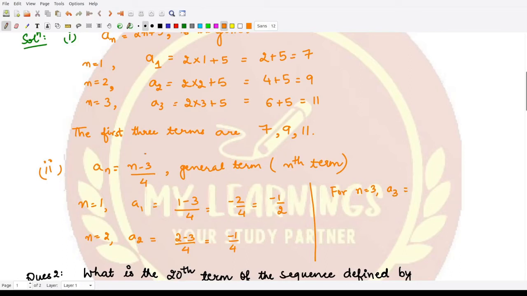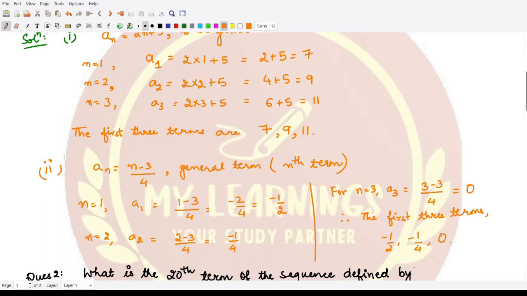When we substitute 3 in place of n, you would have 3 minus 3 divided by 4, which is 0. So therefore, in this sequence, the first three terms are minus 1 by 2, then minus 1 by 4, then 0, right?